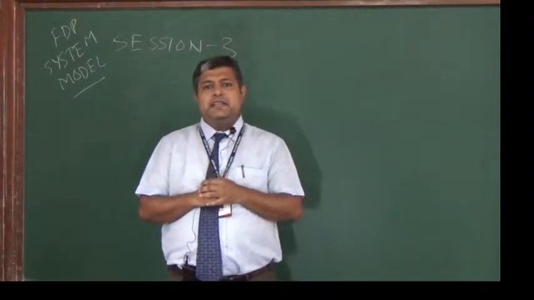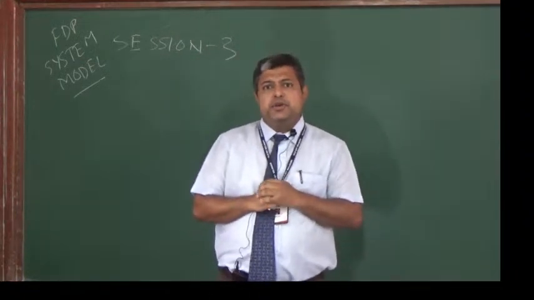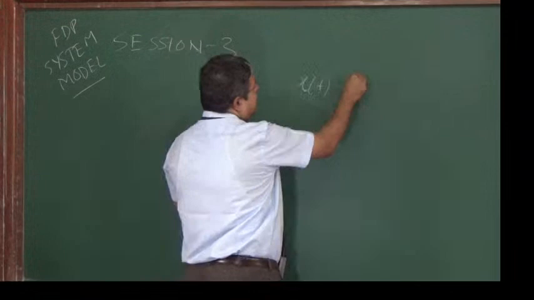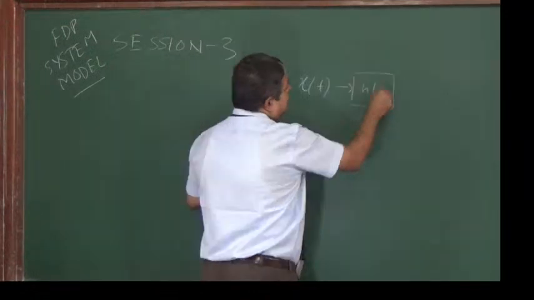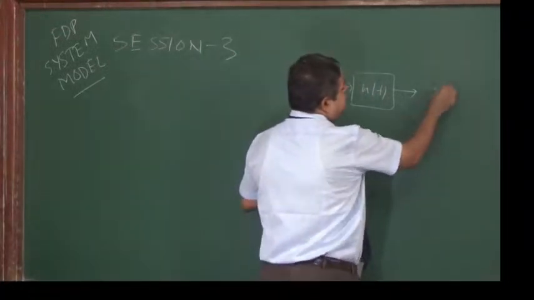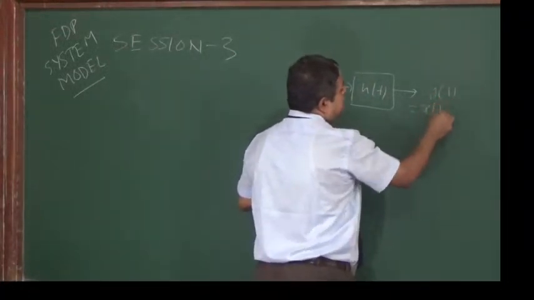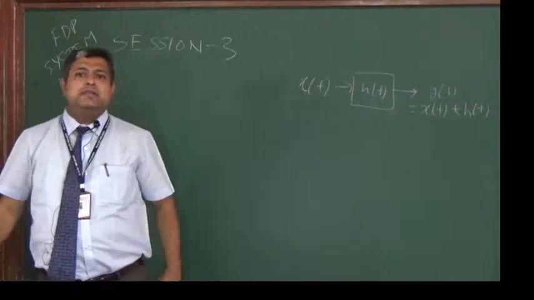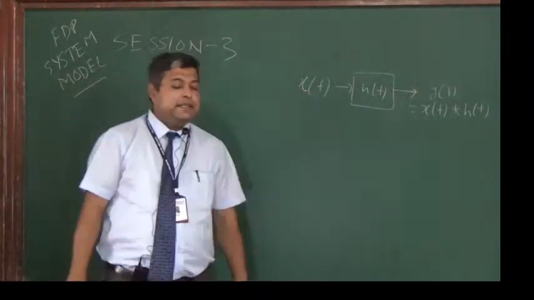One very important thing I did not show you: if we are thinking that XT is the system input, HT is the system function, then we have seen on the first day that YT is equal to XT convolution HT. So this is how the system output is calculated.